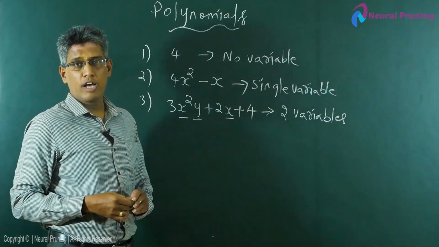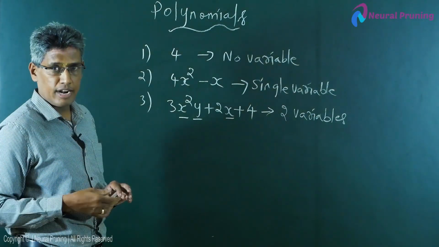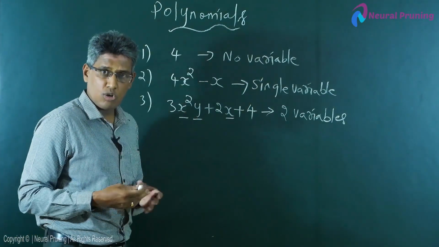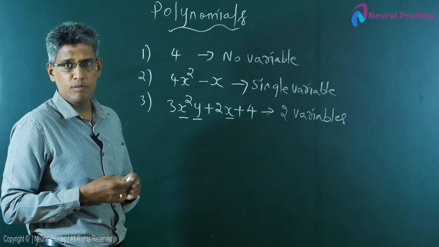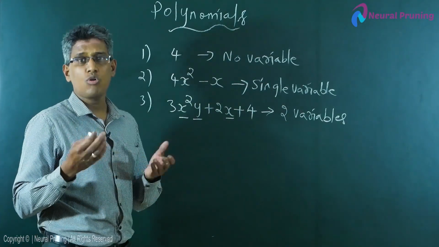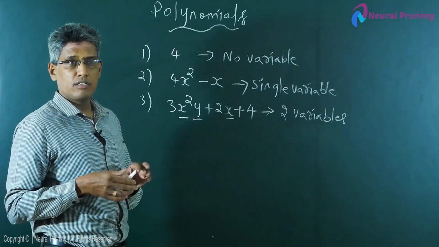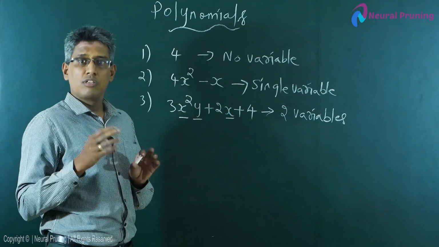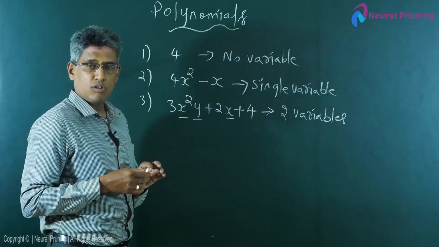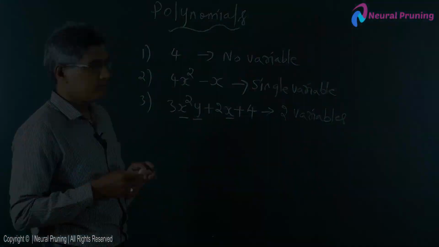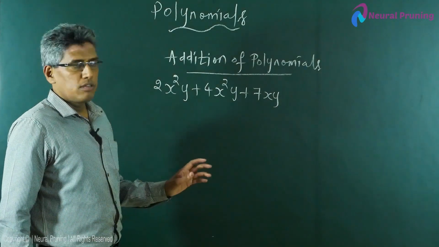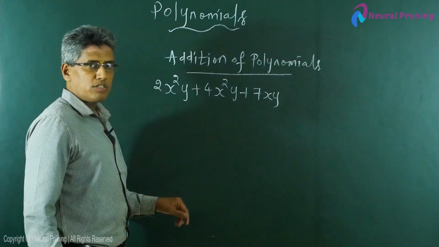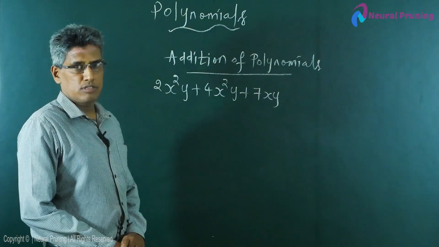What I am trying to highlight through these examples is that you can have 0 variables, a single variable, or 2 or more variables, and all of these examples still qualify to be called polynomials.